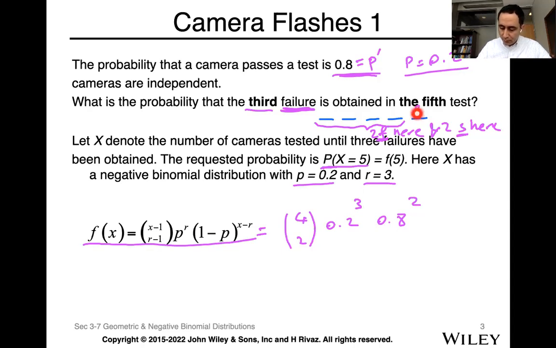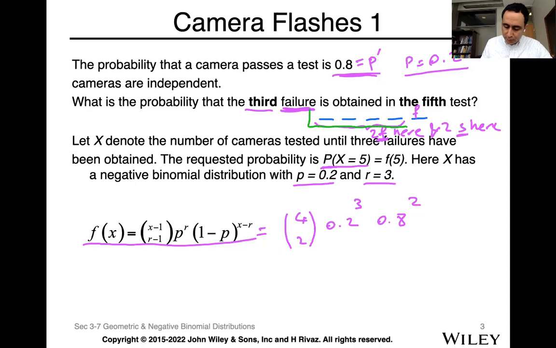So what's going on is that we are forcing the last trial to be a failure. And out of the remaining 4, we want 2 of them to be failure and 2 of them success, right? So basically I want 2 failures here, 2 successes here, and a failure here, right? So basically what I have done is that I have divided my experiments into 2 sets.